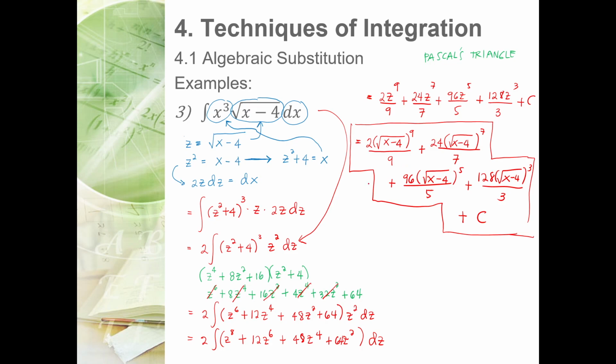So if you don't want to write the radical expression, you may write it in its exponential form.